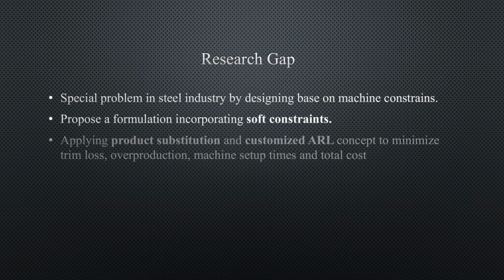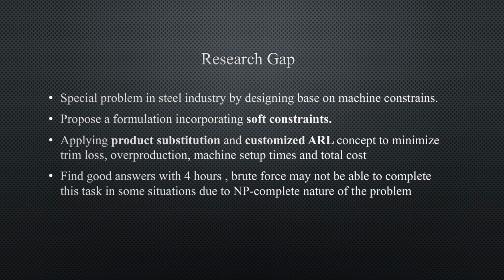From the problem description and machinery condition, we identify several key research gaps. First, this study addresses a specialized problem in the steel industry by explicitly modeling mathematically based on real machine constraints.